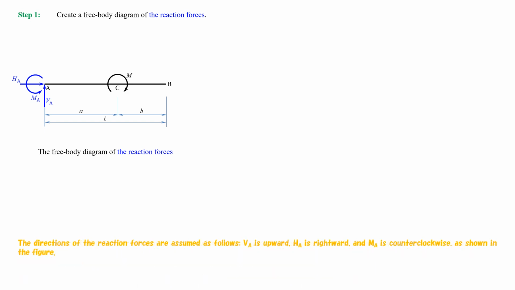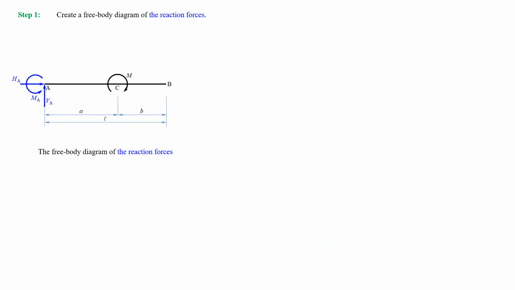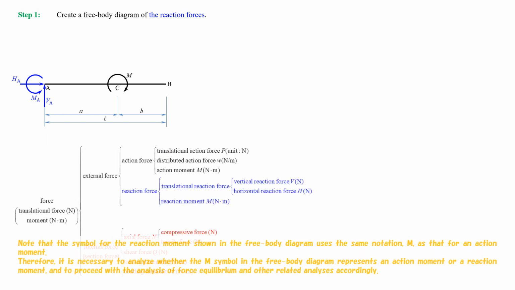The directions of the reaction forces are assumed as follows. VA is upward, HA is rightward, and MA is counterclockwise, as shown in the figure. Note that the symbol for the reaction moment shown in the free body diagram uses the same notation, M, as that for an action moment.